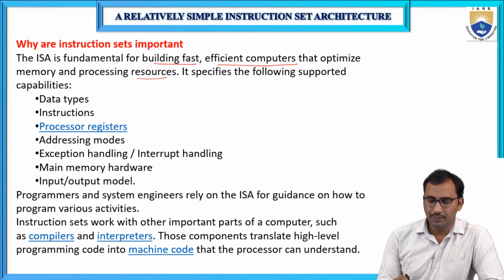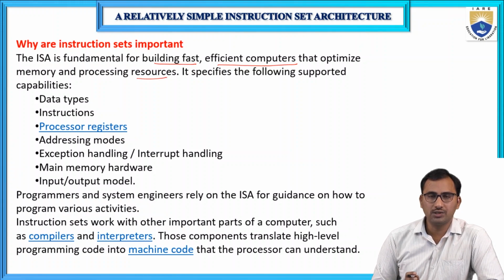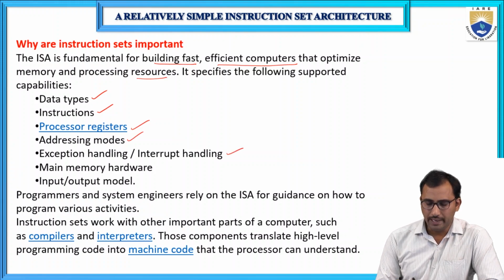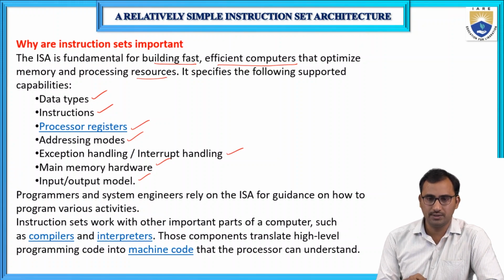The ISA, the instruction set architecture, consists of supporting the following capabilities: data types, instructions, processor registers, addressing modes, exception handling, interrupt handling, main memory hardware, and input/output model. So the ISA consists of all these capabilities.